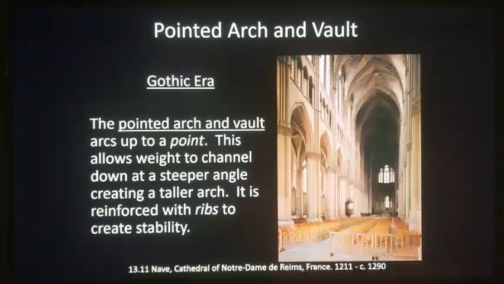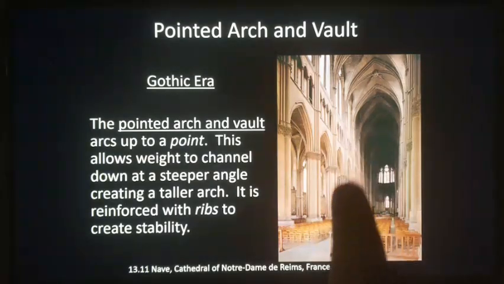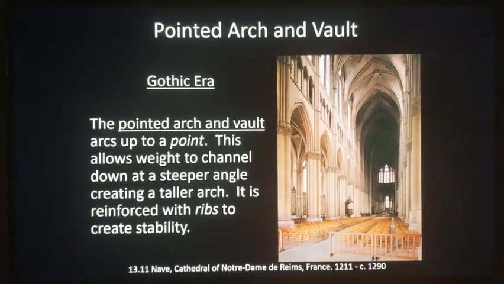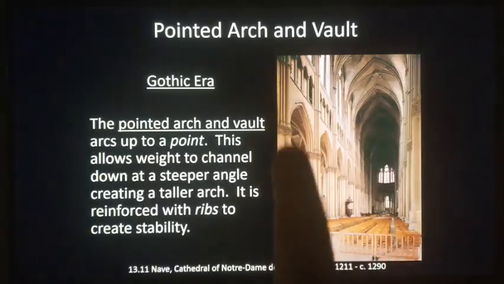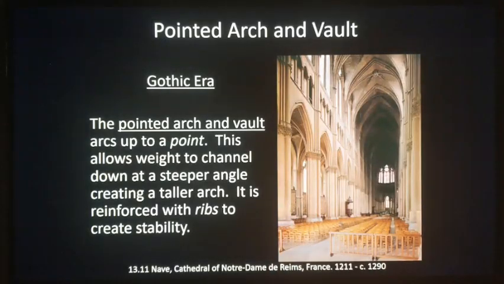And this steeper angle allows the force to more efficiently be transferred to the ground through the walls here. This efficiency increase also allowed for less material to be used for the outside walls that were supporting this structure of the cathedral, and we could fill this with stained glass windows.